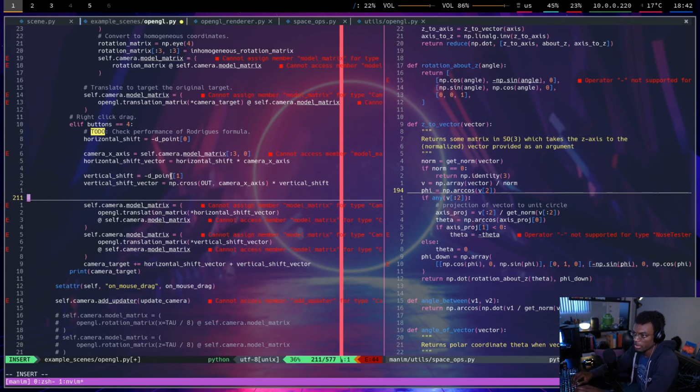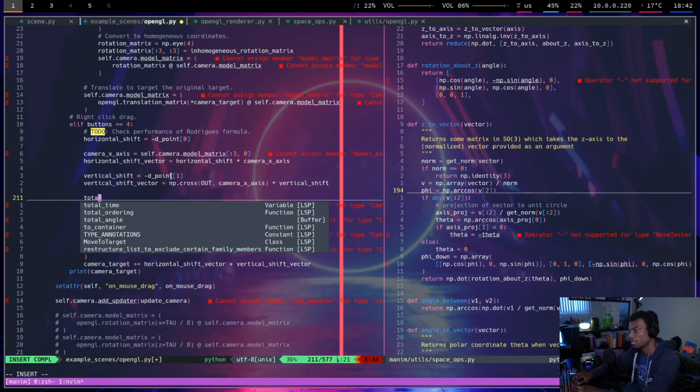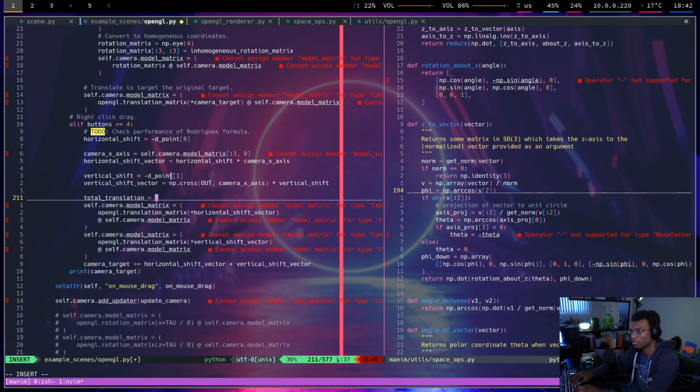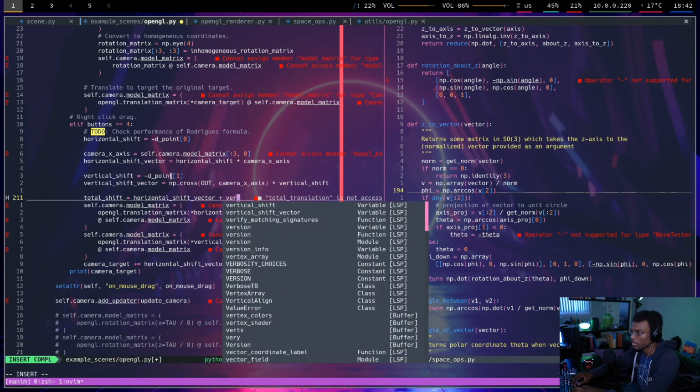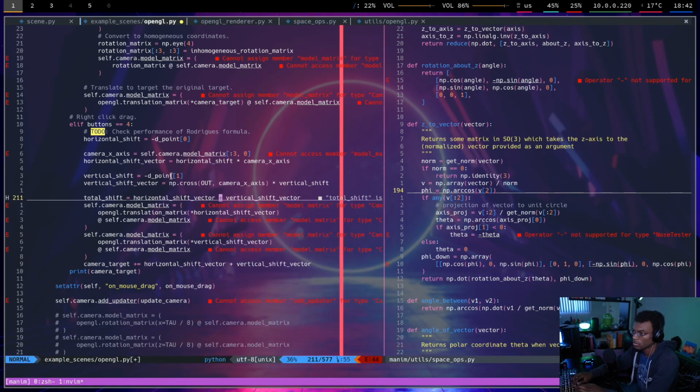I think I'll just compute another vector. Total translation or total shift is the horizontal shift vector plus the vertical. And then I can save a matrix multiplication, which is always nice.